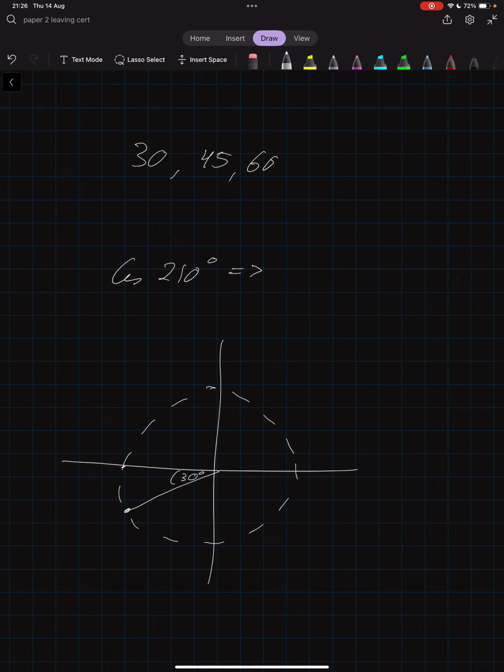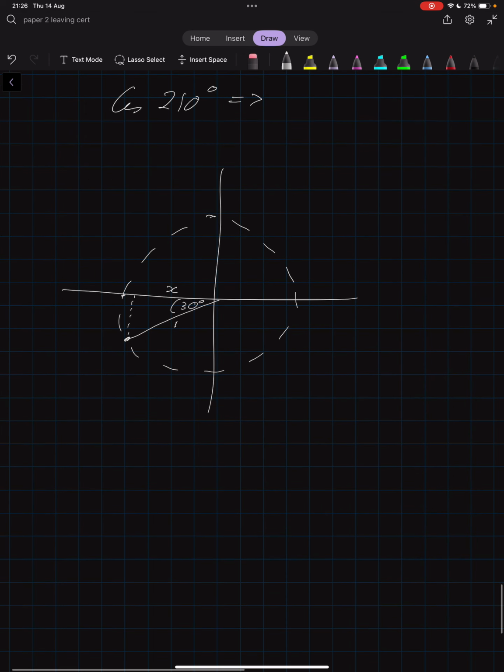They want to know the cos, so they want to know the x value of this. Well, you can just use sine, cos, and tan. You can say the cos of 30 is going to be equal to x, and the cos of 30 is equal to root 3 over 2.